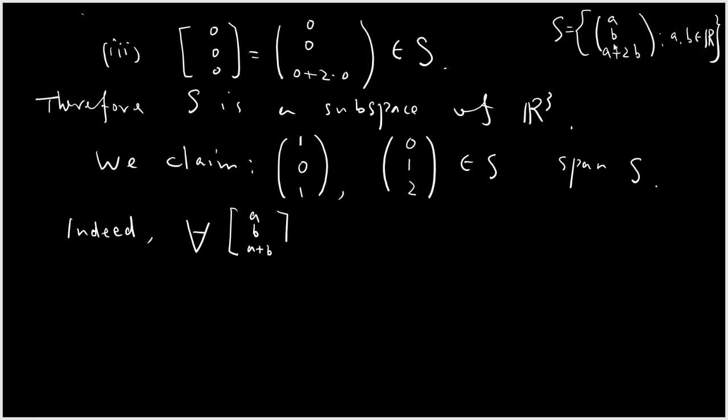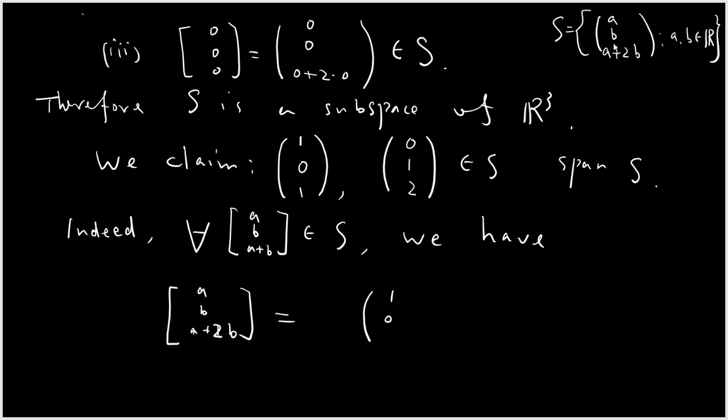For every vector in S, we want to write it as a linear combination of these two vectors. Now I'm looking for two numbers. Anybody want to tell me the two numbers?